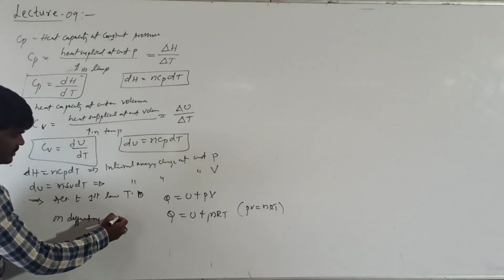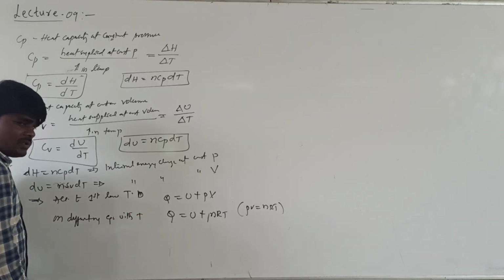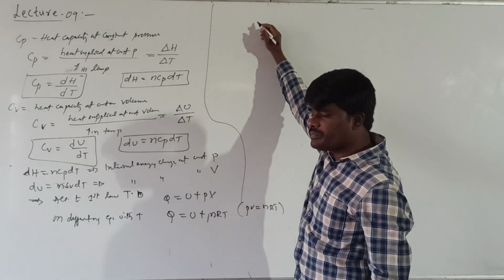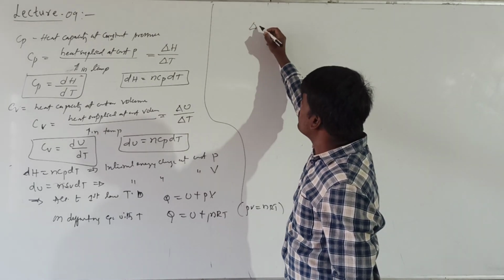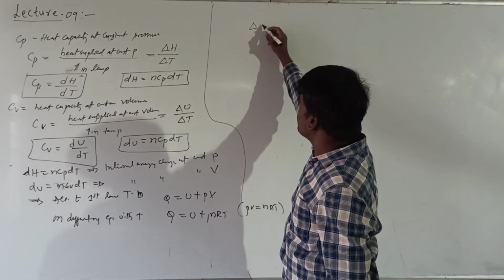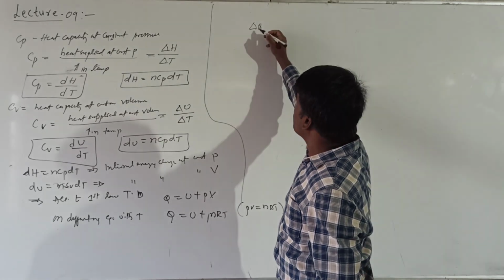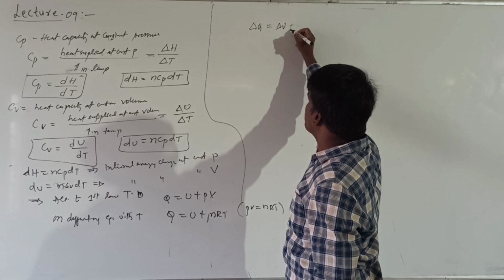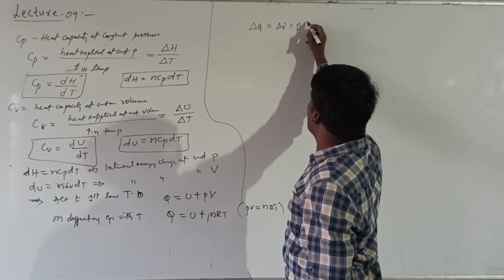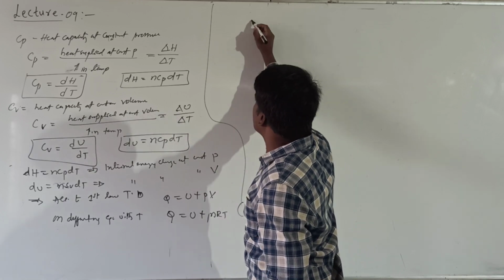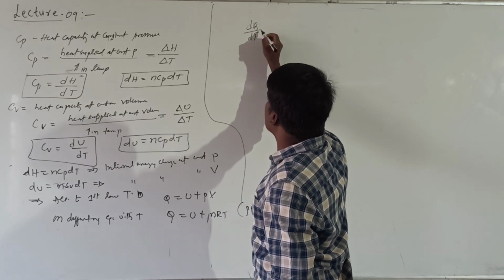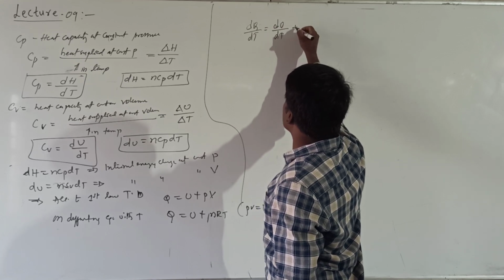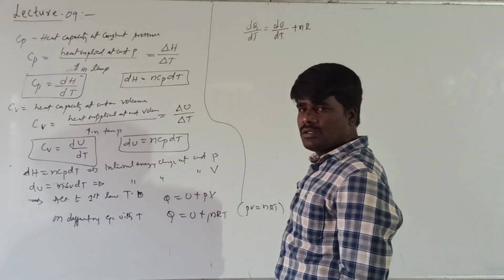If you differentiate this equation with temperature, delta Q upon delta T is equal to dU upon dT plus nR.